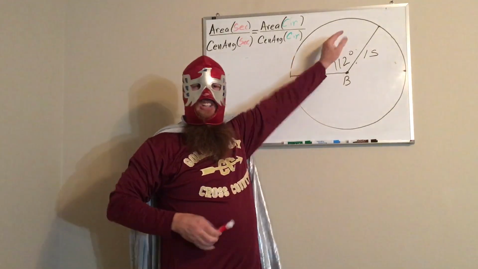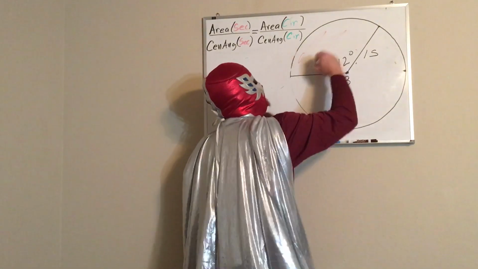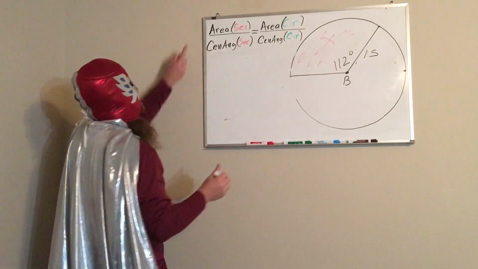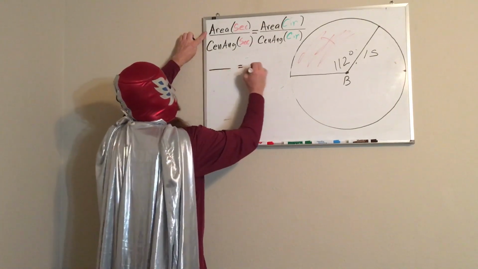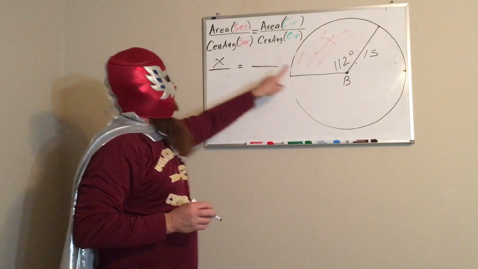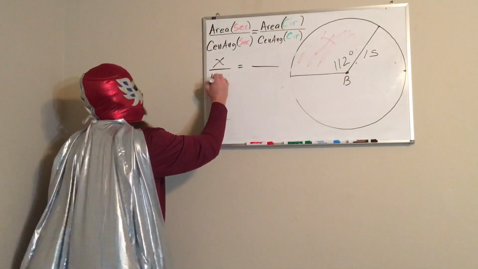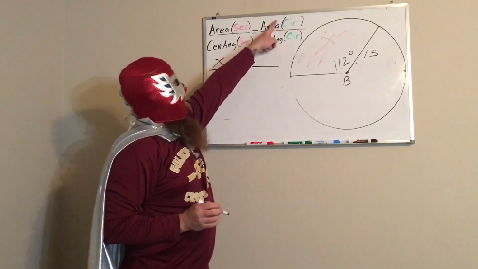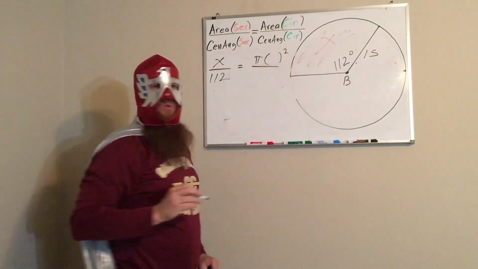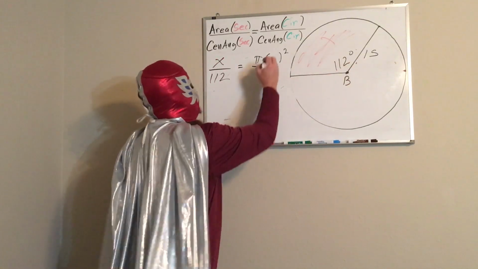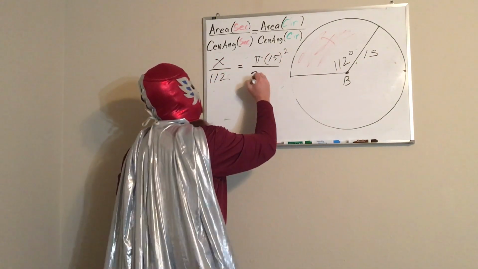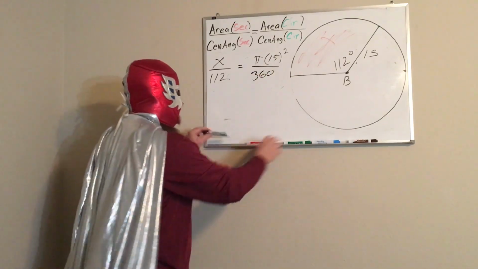We are again going to calculate the area of this sector. We don't know how much area is there, so we refer to it as x. So the area of the sector, we do not know, we call it x. The central angle of the sector, 112 degrees. The area of the circle, pi times radius squared, and the radius is 15. And the central angle of every circle is 360 degrees.